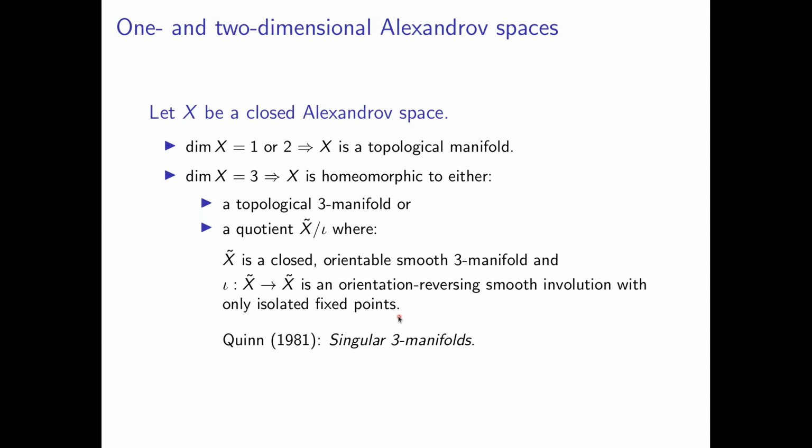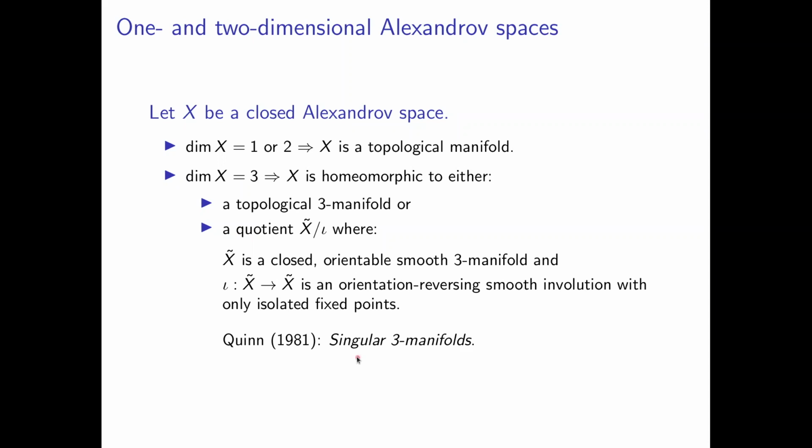I wanted to make this comment because these topological spaces had come up before in topology. They were called singular 3-manifolds, and they're exactly the underlying topological spaces of the Alexandrov spaces which are not manifolds.